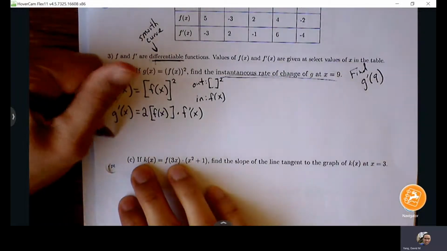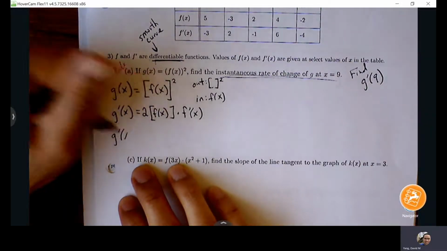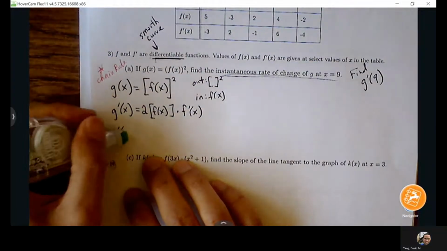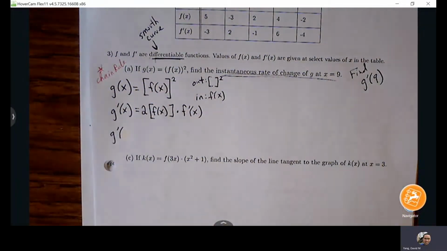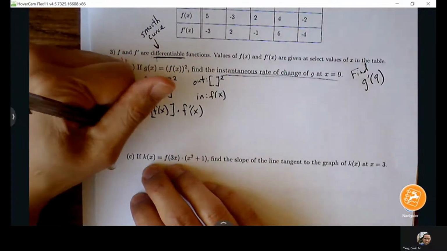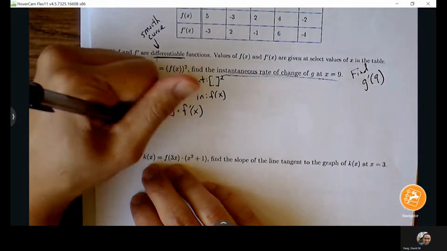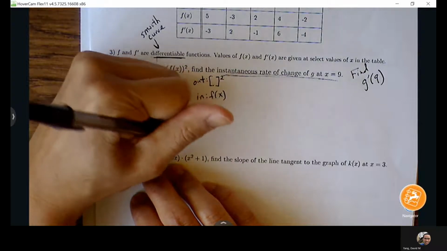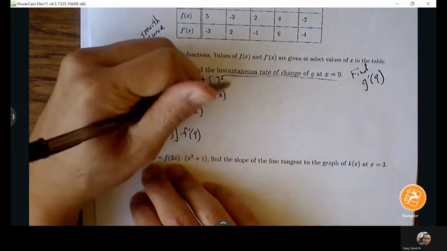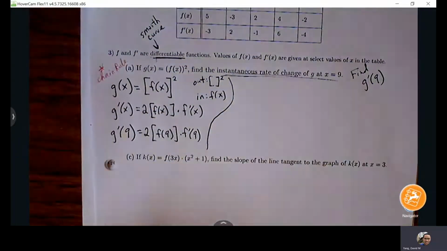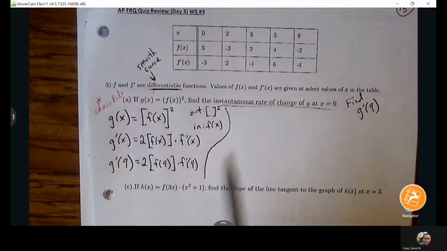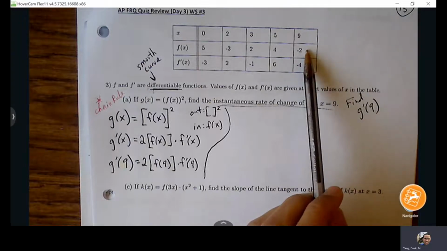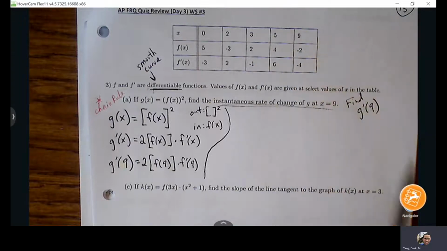Now you can replace every x with 9. We look to our table here. F of 9 is -2. F prime of 9 is -4.